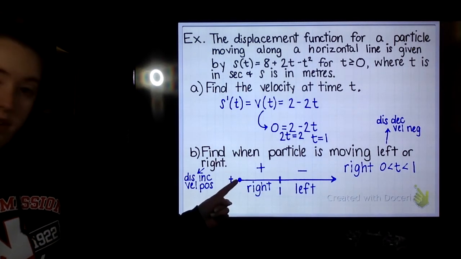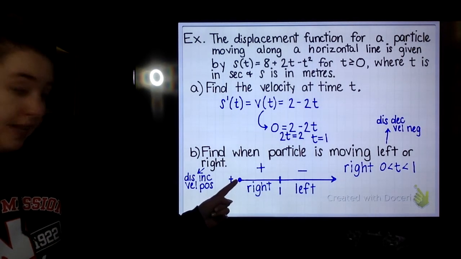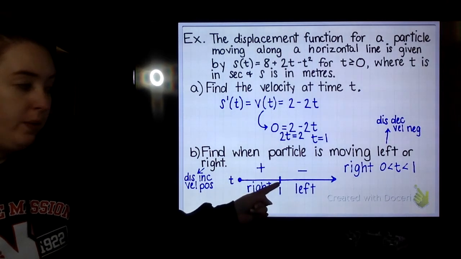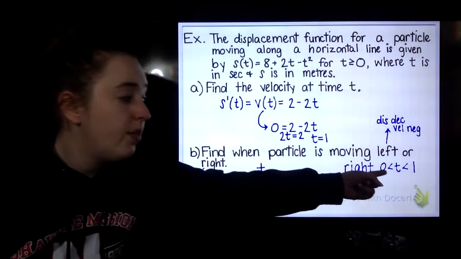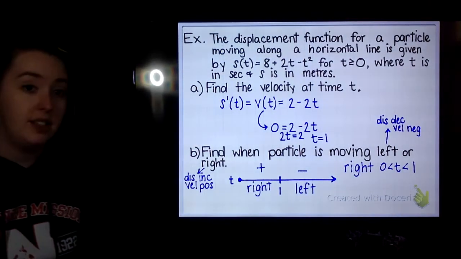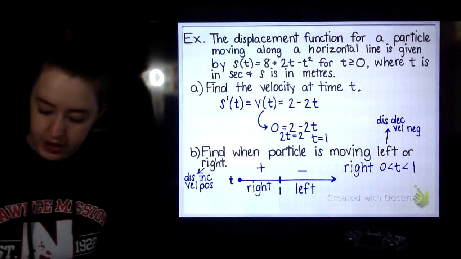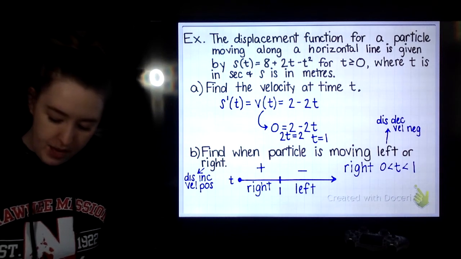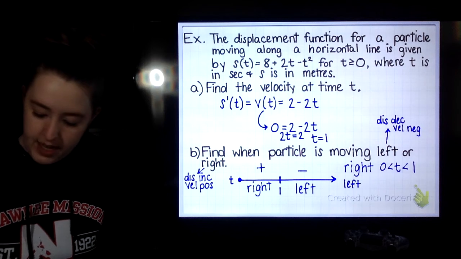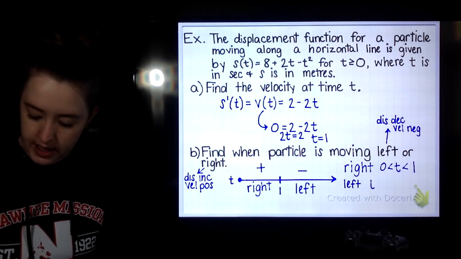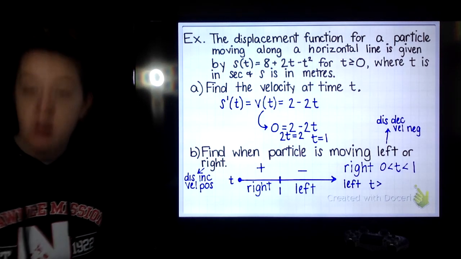At 0, we weren't necessarily moving. We don't know what was happening then. And at 1, we were changing directions, so we weren't moving to the right or to the left. So that's not or equal to. We want to make sure that's an open interval, no or equal to's. And then we're moving to the left the rest of the time. So that's from where t is greater than 1.